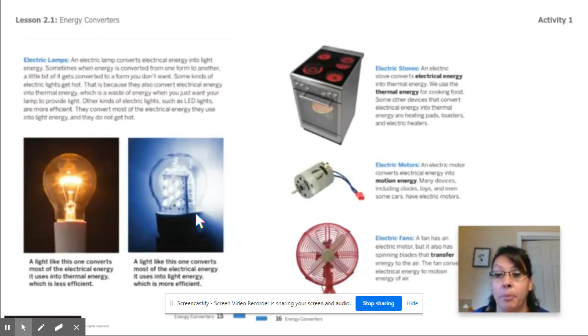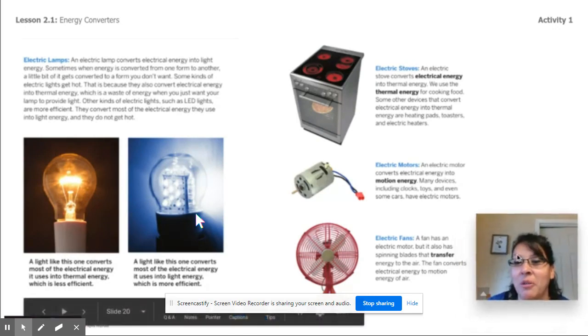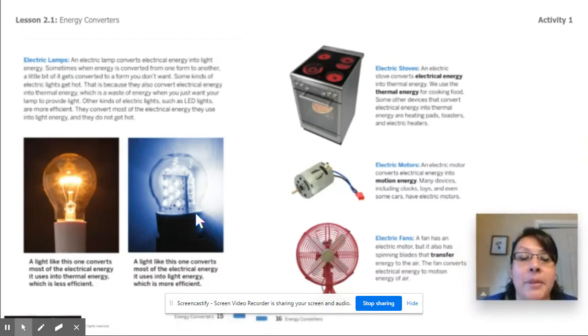If you have your book, you can go ahead and read pages 15 and 16. But if you don't have it, not a big deal. We're going to read this together right now. Electric lamps. An electric lamp converts electrical energy into light energy. Sometimes when energy is converted from one form to another, a little bit of it gets converted to a form that you didn't want. Some kinds of electric lights get hot.